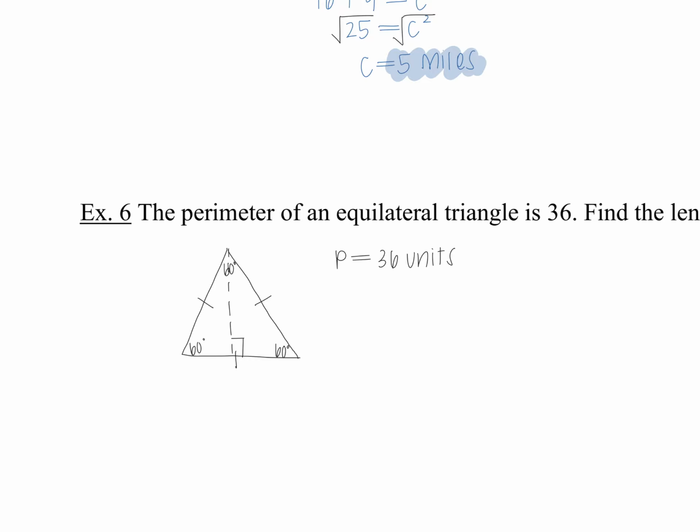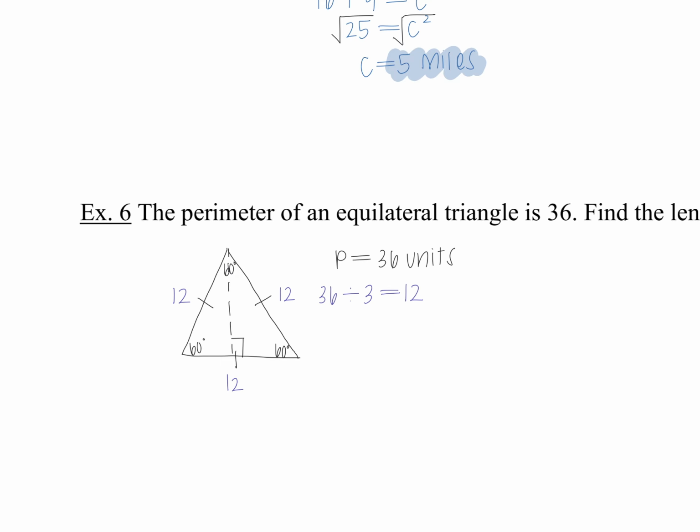Since we know that we have a perimeter of 36, we are going to divide that 36 by 3, and we're left with 12 for each length of my equilateral triangle.